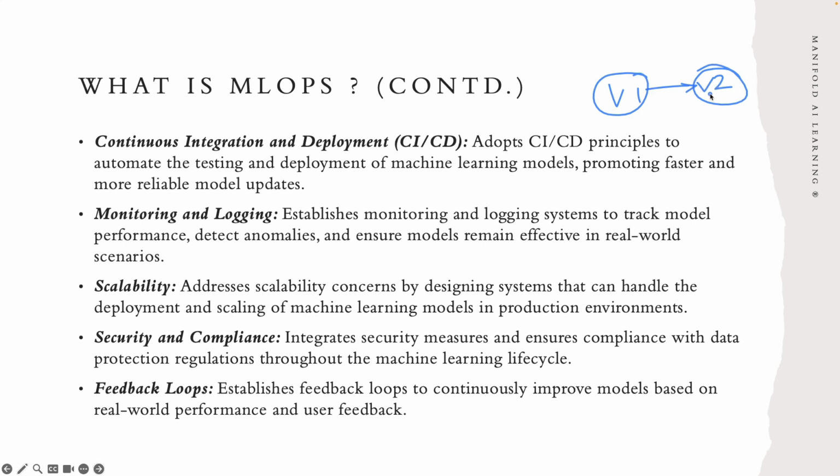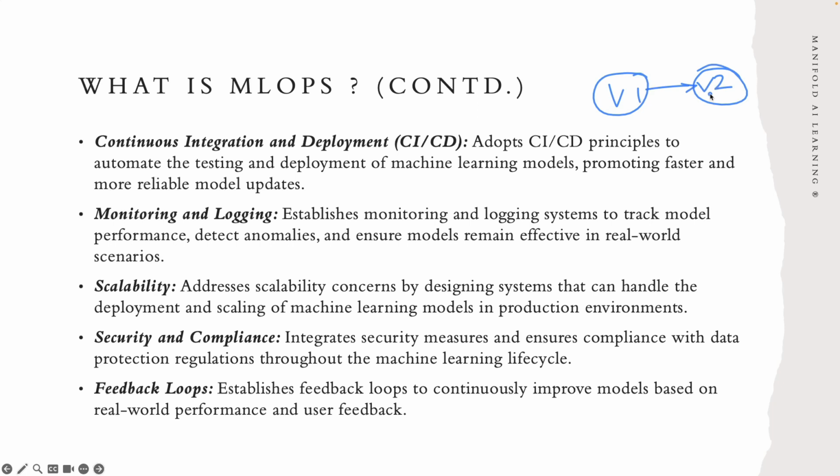It also recommends having the best security measures in place, which ensure that the model we are using in the application we are building is compliant and that data protection regulations are met throughout the entire machine learning lifecycle.